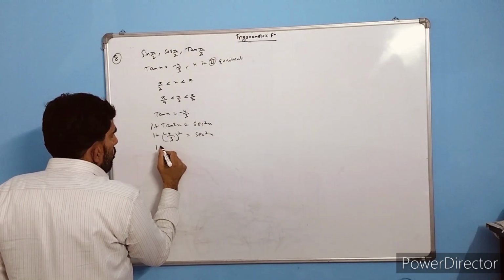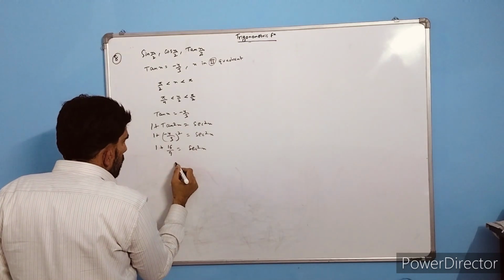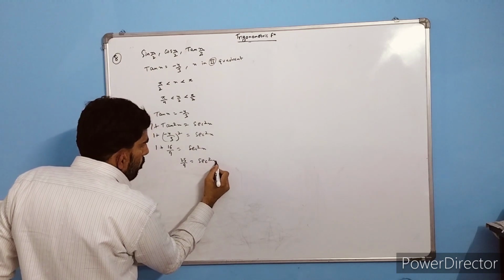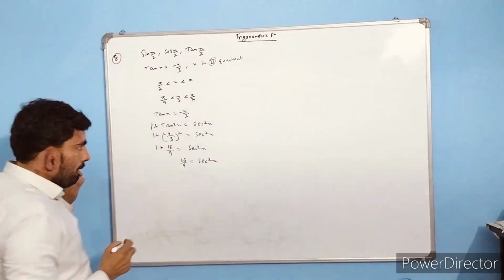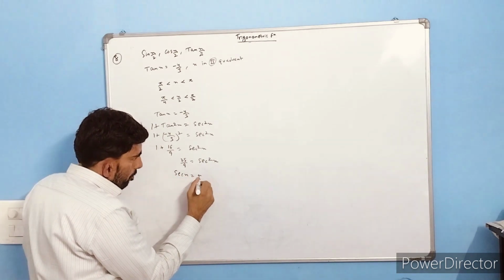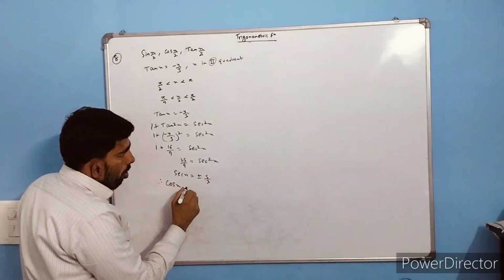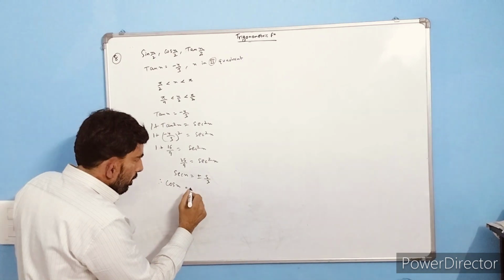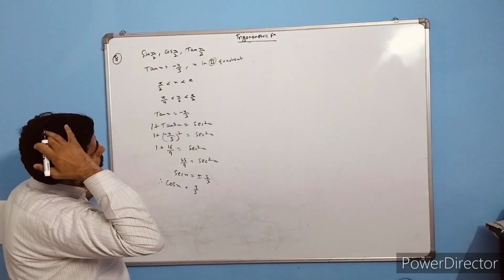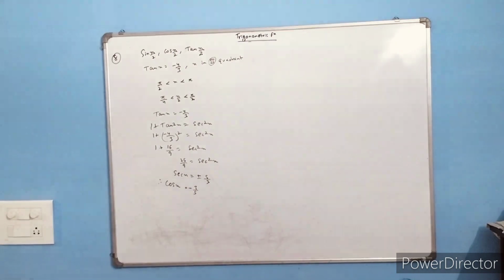So 1 plus 16 upon 9, that is 9 plus 16, 25 upon 9, is equal to sec square x. Now sec x will be plus minus 5 upon 3 and cos x, we all know cos x is a reciprocal of sec x, so we got 3 upon 5, but cos x is negative in the second quadrant, so we'll use minus 3 upon 5.